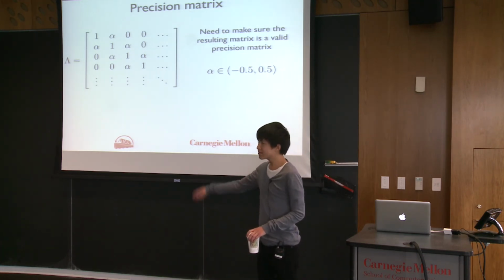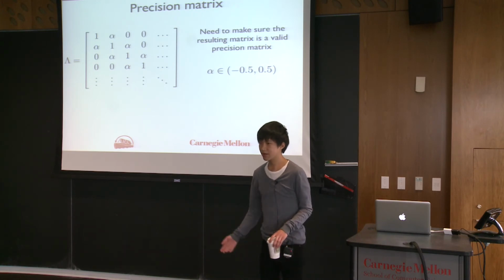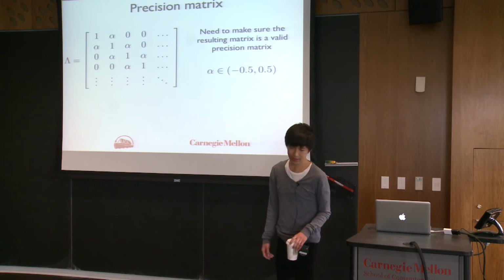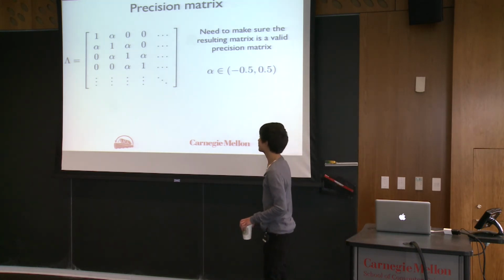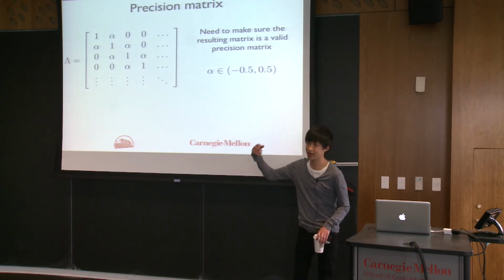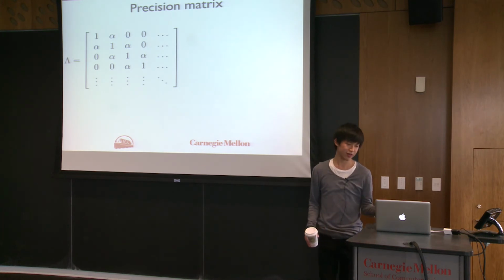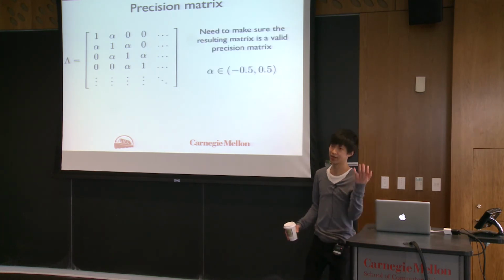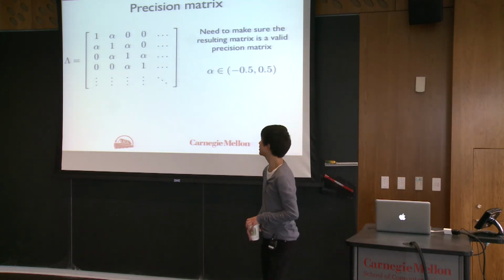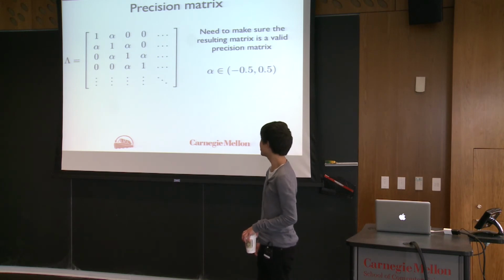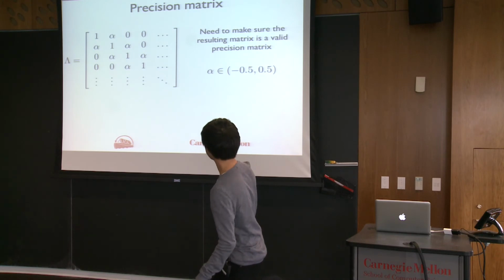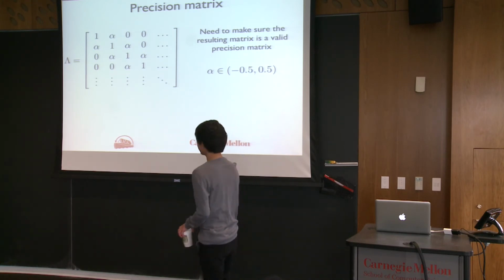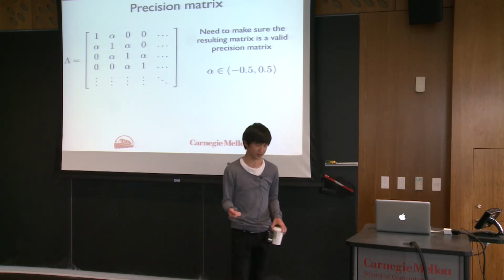Of course, this doesn't capture the entire support of precision matrices, but we believe it is still flexible enough because you can vary alpha, and you can also vary sigma. Now we know that alpha needs to be between -0.5 and 0.5. So how do we encode this restriction in our model?